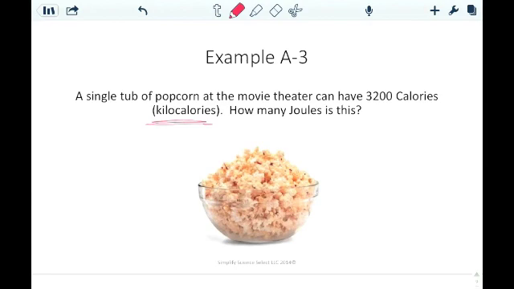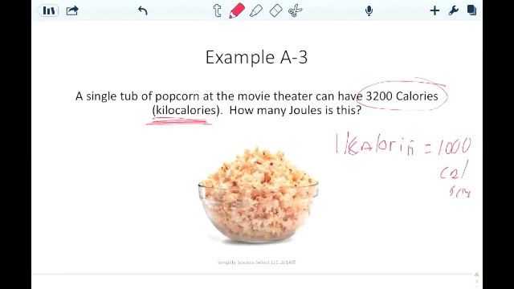Well, we need two conversion factors. Since this 3,200 is in kilocalories, we first need to get that to calories, and we know that one kilocalorie equals 1,000 calories.